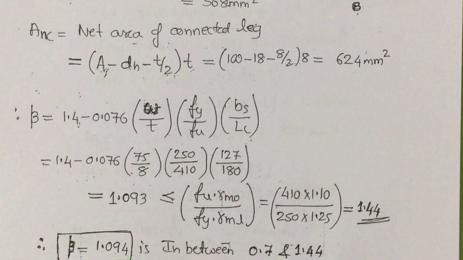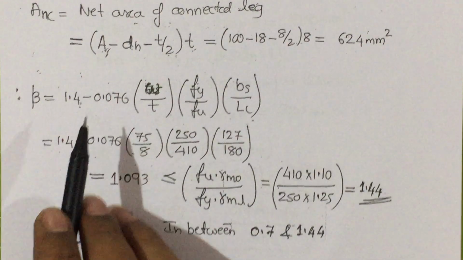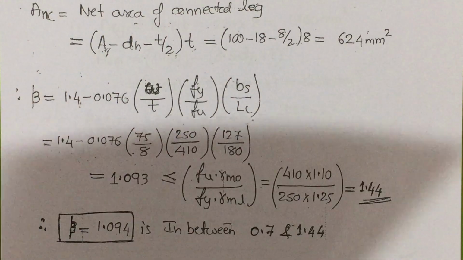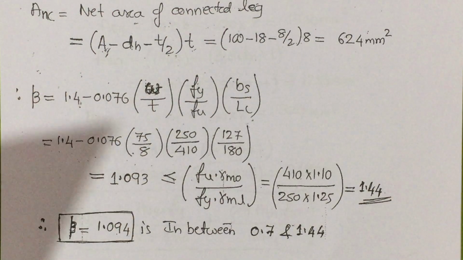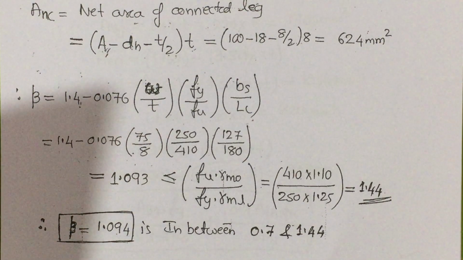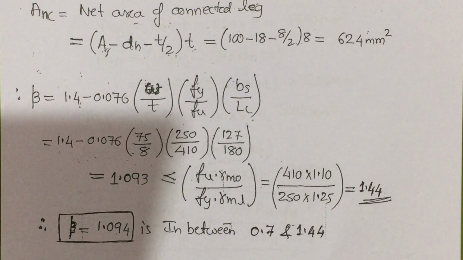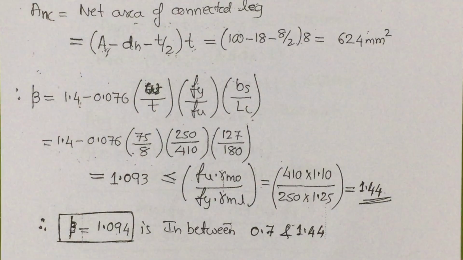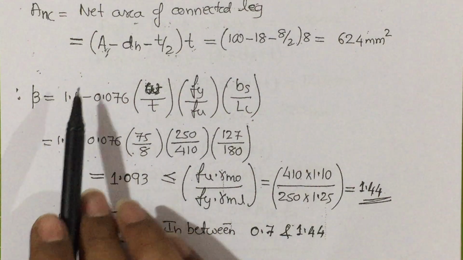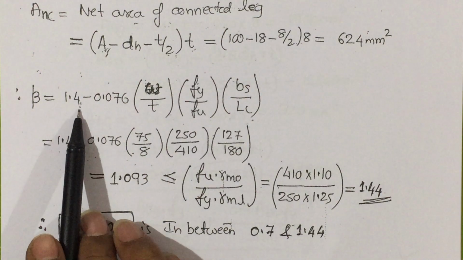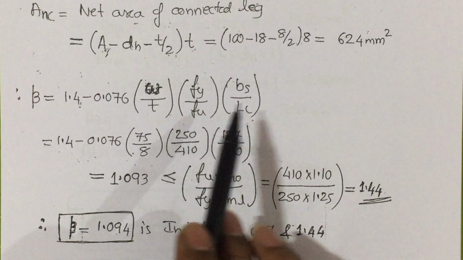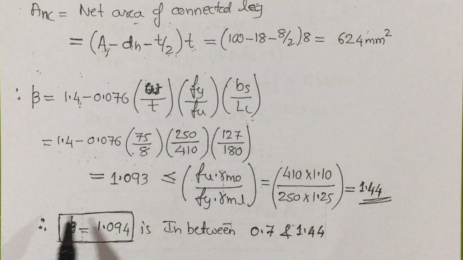Therefore beta is given by the formula: beta is equal to 1.4 into 0.076 into W by T into Fy by Fu into Bs by Lc.